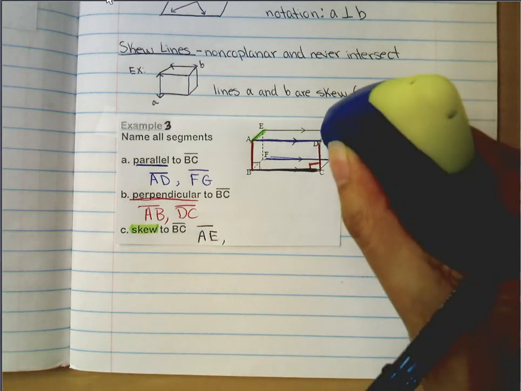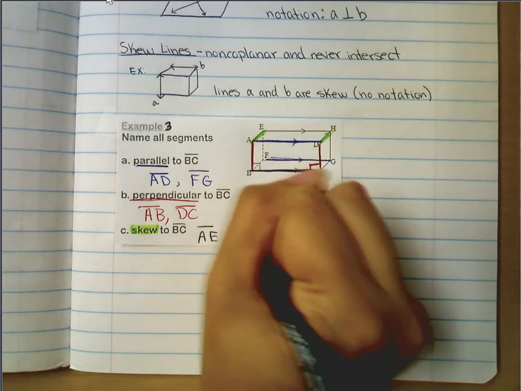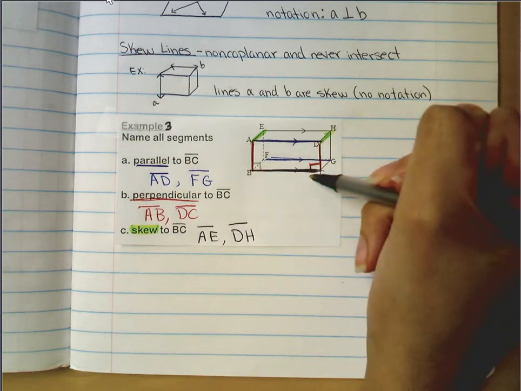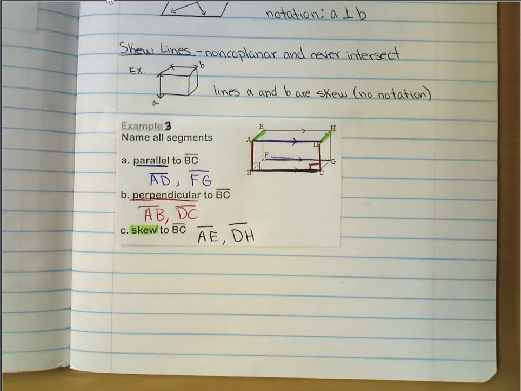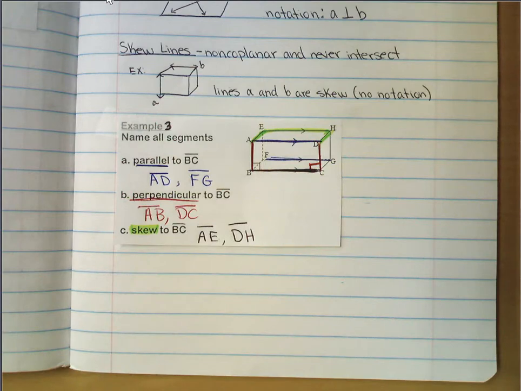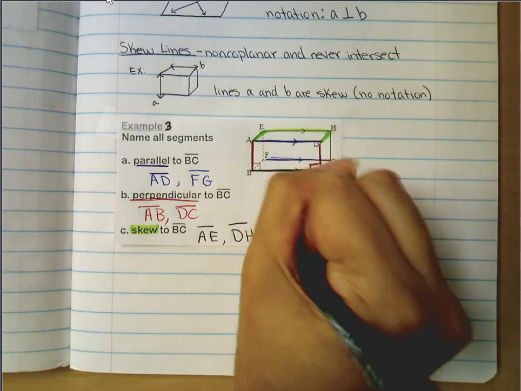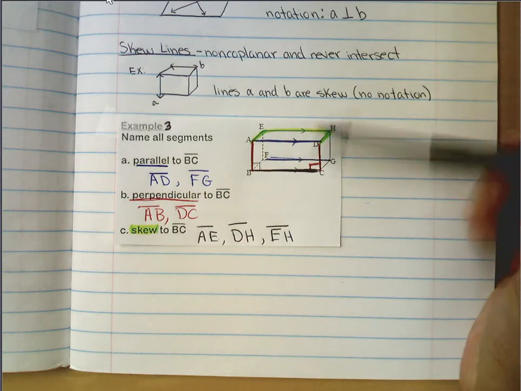Working with BC, this one, DH is also skew. It's not on the same plane. It's not intersecting that black line that I marked. EH. It's in a separate plane. They never intersect.